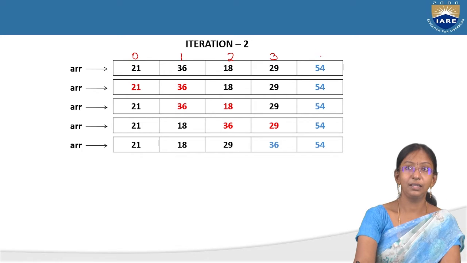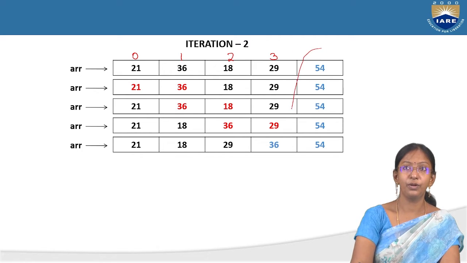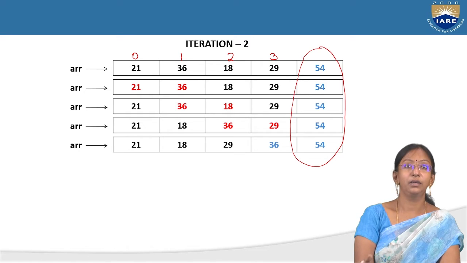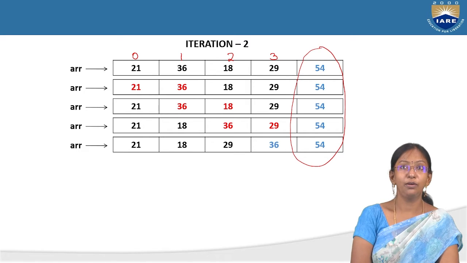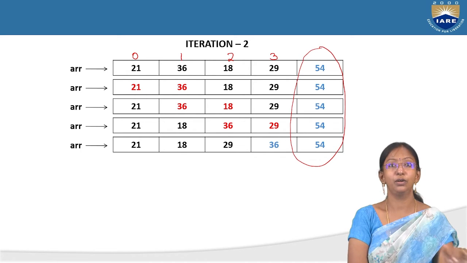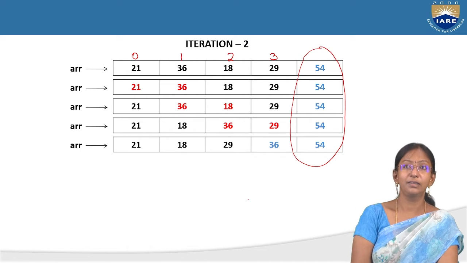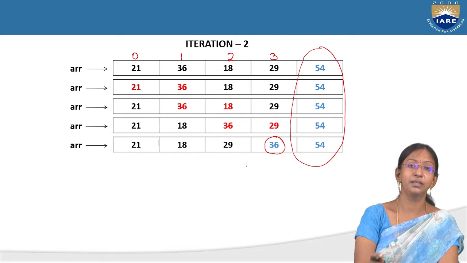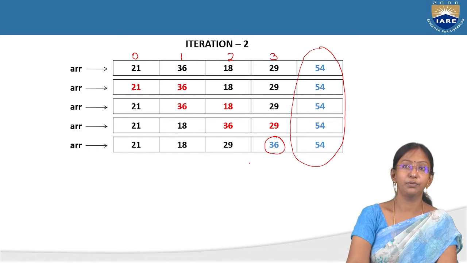I am not going to touch the last element because it is in its right position. Now we come to the end of the second iteration. The second largest element, which is 36, has come to its right position.